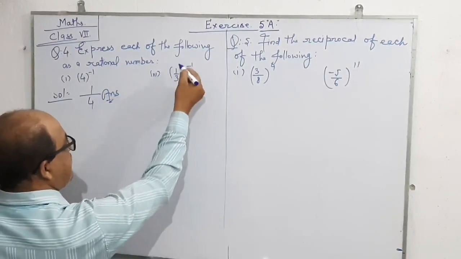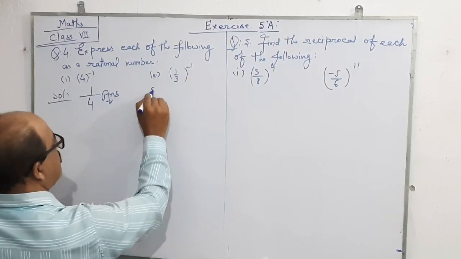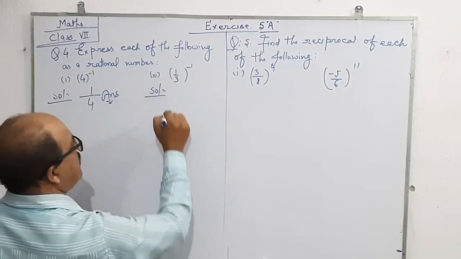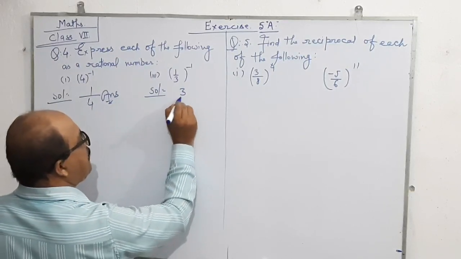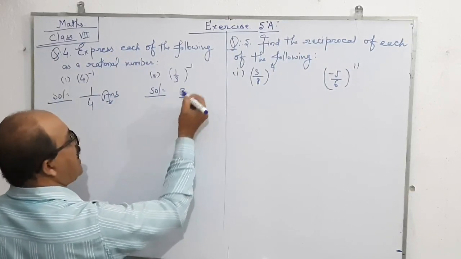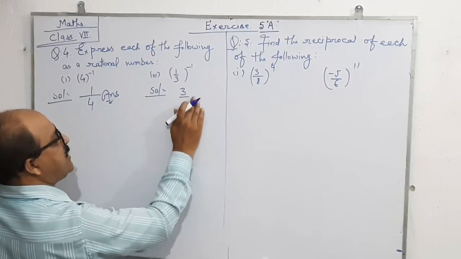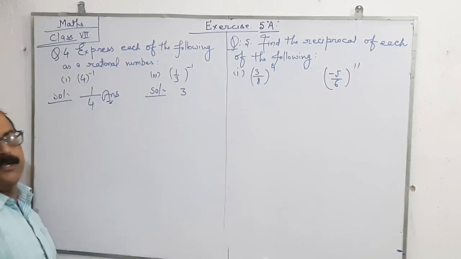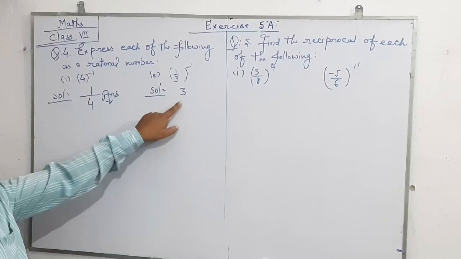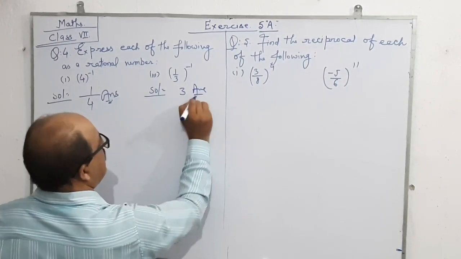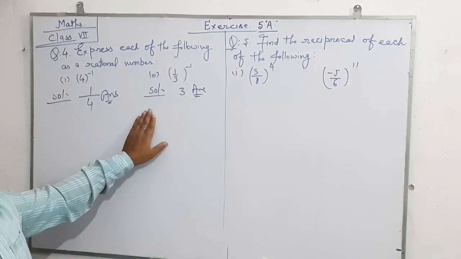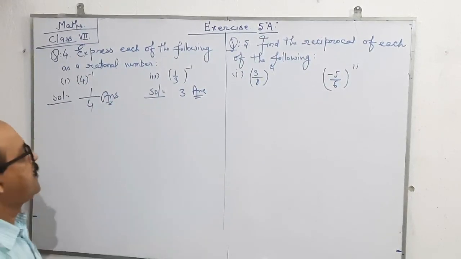Just it will be written as a reciprocal of it. 1 by 3 to the power minus 1. Here it will be written 3 by 1 to the power 1, and as we know, 1 is always laying in the place of denominator, so no need to write here. Thus, the rest questions you will have to do so.